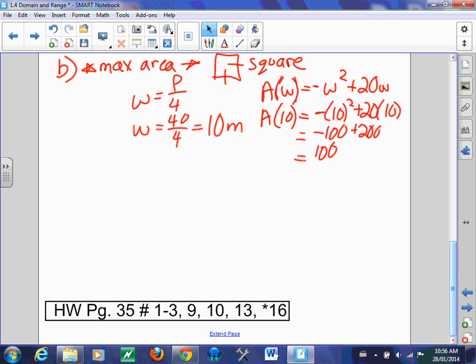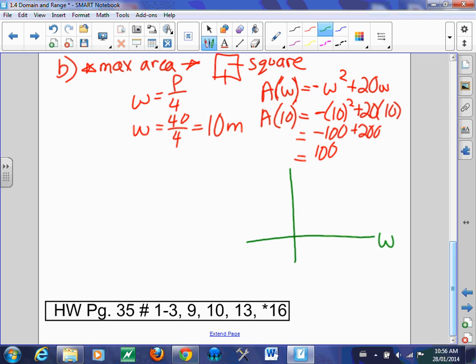Okay, what does that tell us, guys? If we quickly wanted to graph width versus area, the maximum area we can reach is going to be at 100, and then it's going to come down.